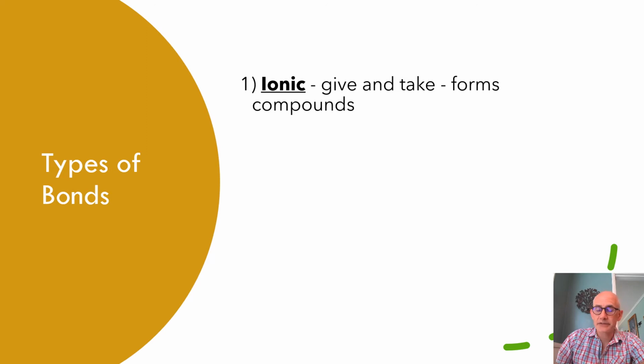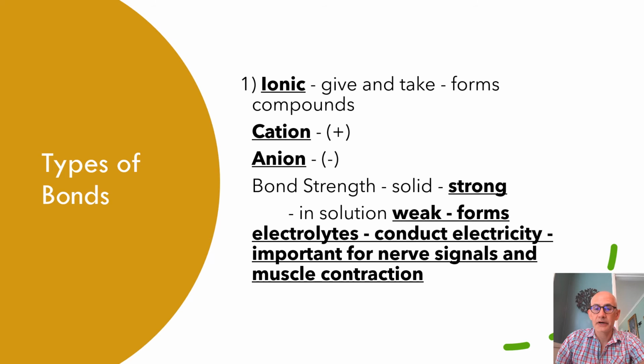So your basic bonds, your ionic and your covalent. So in your ionic bond, they are going to give and exchange electrons. One becomes positive, one becomes negative, and then they are sucked together by an electrostatic force. And they are going to typically be solid at room temperature. They typically will dissolve in water unless the ionic bond is stronger than the ability of water to pull it apart.